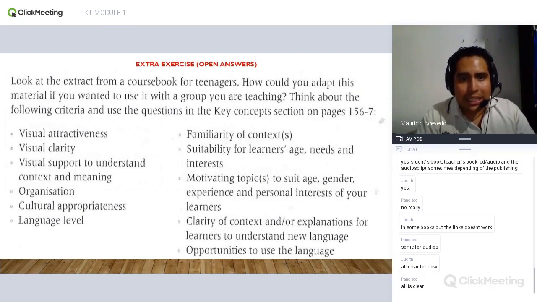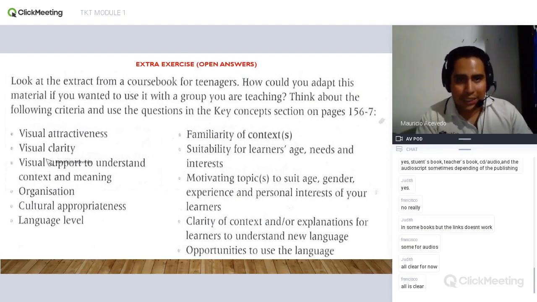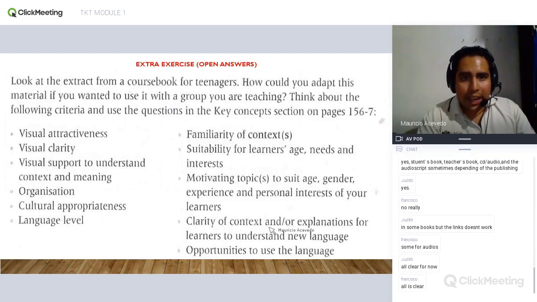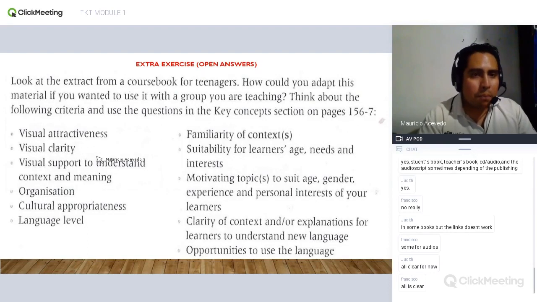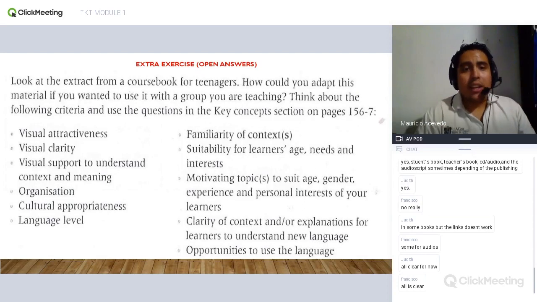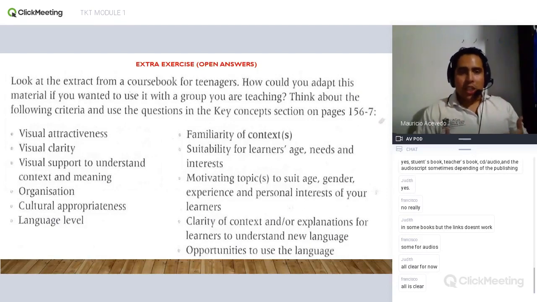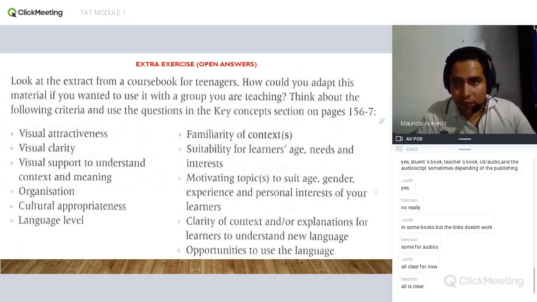So imagine that you want to have visual attractiveness. Think of two things. For example, you have a topic, and you want to have visual attractiveness, but your book doesn't have it. So how would you manage to make that topic visually attractive?